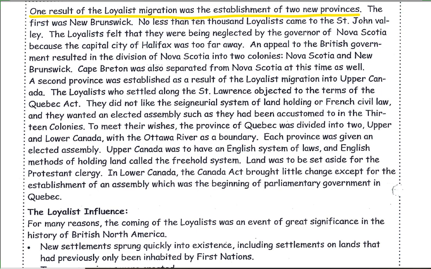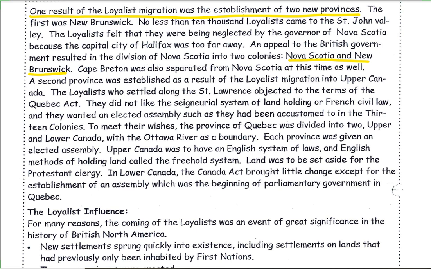The Loyalists felt that they were being neglected by the governor of Nova Scotia because the capital city of Halifax was too far away. An appeal to the British government resulted in the division of Nova Scotia into 2 colonies, Nova Scotia and New Brunswick. So those are the 2 new provinces. Cape Breton was also separated from Nova Scotia at this time as well.